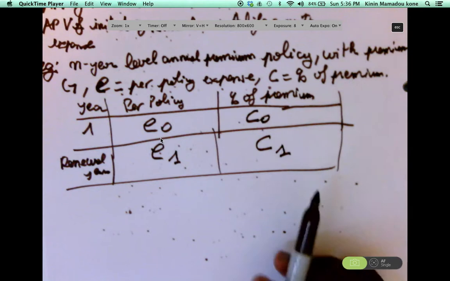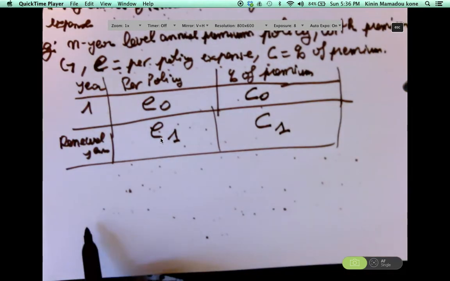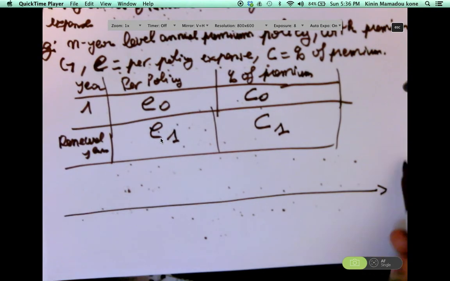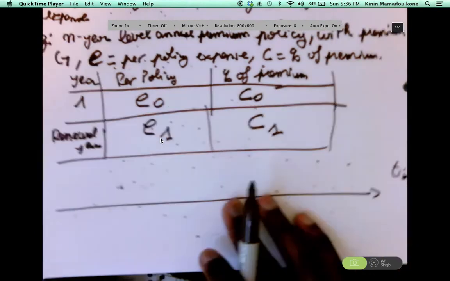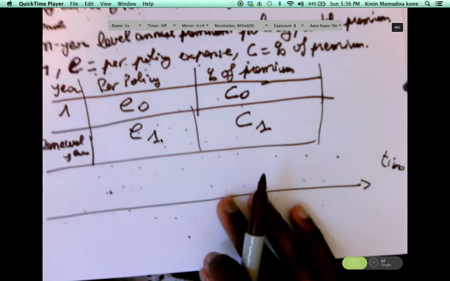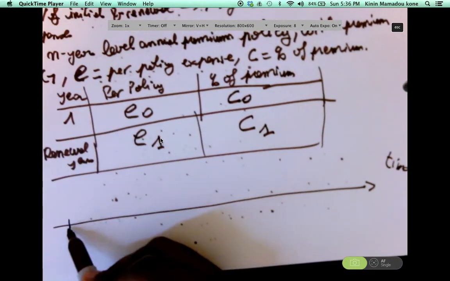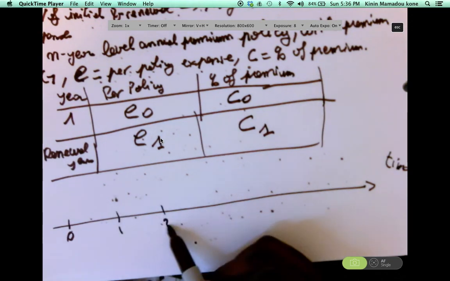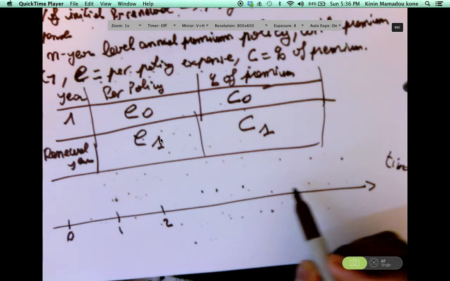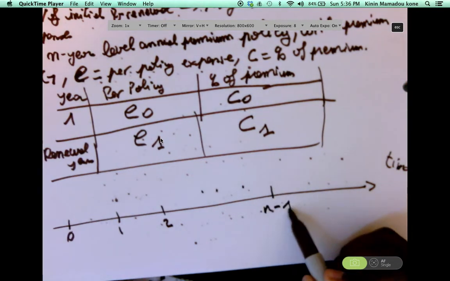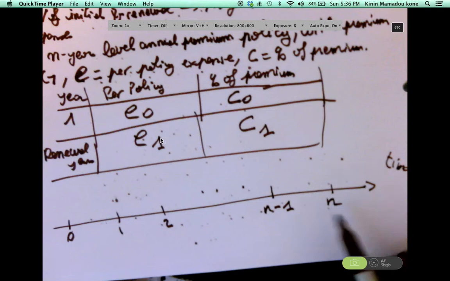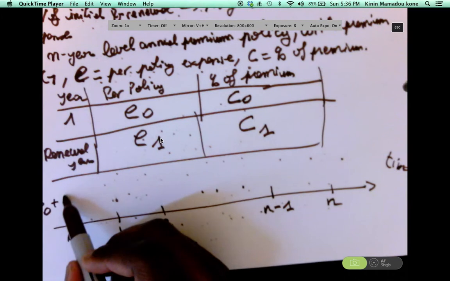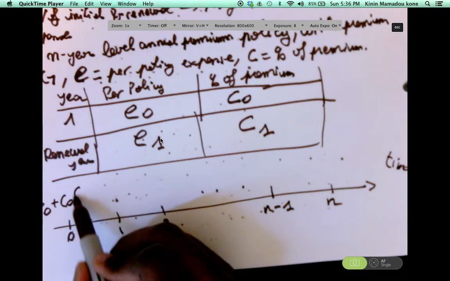If you want to represent it graphically, it's going to look like this. You have the timeline: at time 0, 1, 2, up to time n minus 1, time n. So we have E0 plus C0 times G.